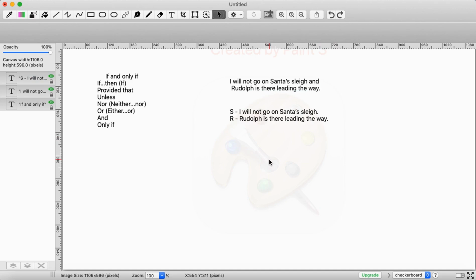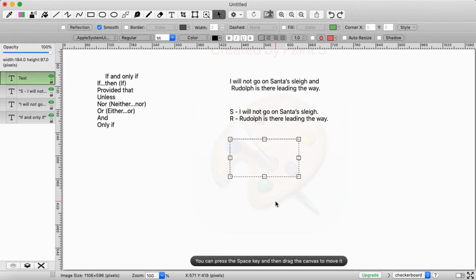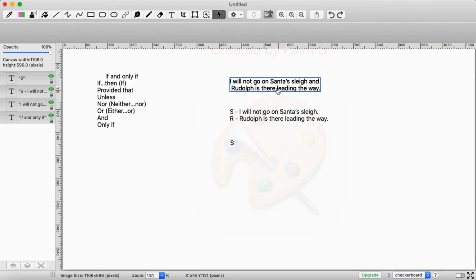Since it's AND, what that means is that both of these have to be true for this to be true. For this whole thing to be correct, that's what the AND means. When you write it, remember S is I'm not going on Santa's sleigh. This is kind of the reverse of the NOR, because for AND they both have to be true.